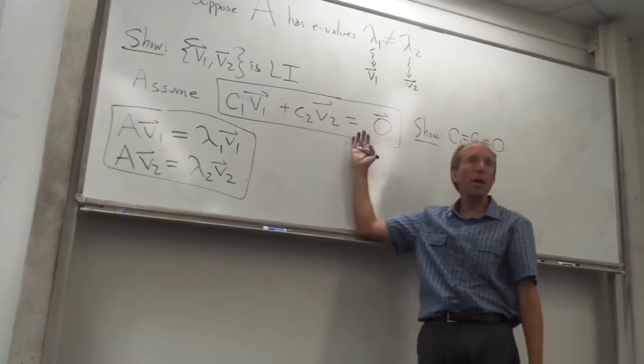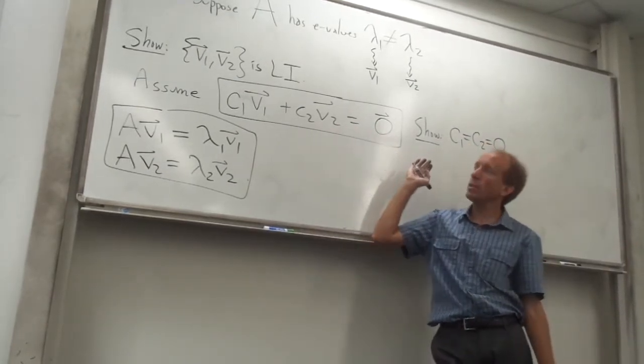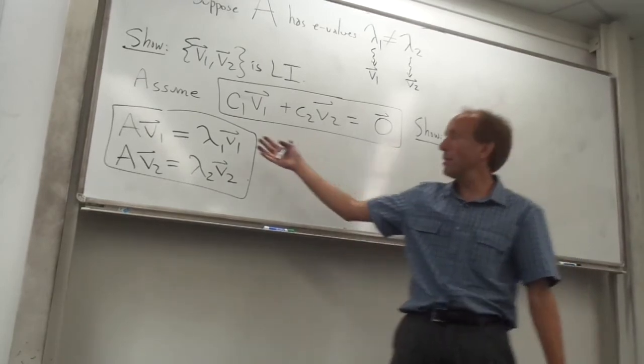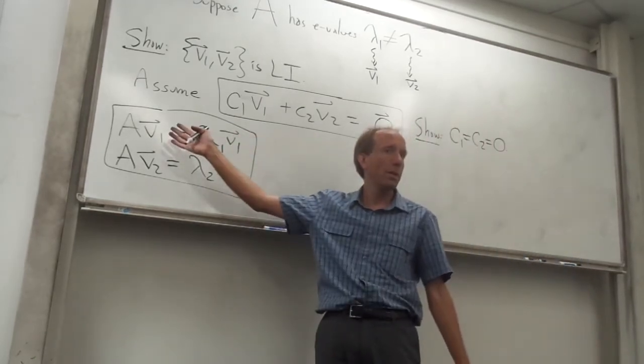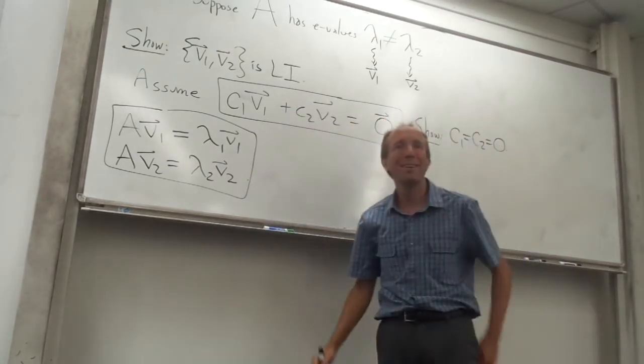This equation in this box, does it have the matrix A in it anywhere? As long as it doesn't have the matrix A in it, I can't really take advantage of this. Is there a way to put the matrix A into this first equation?